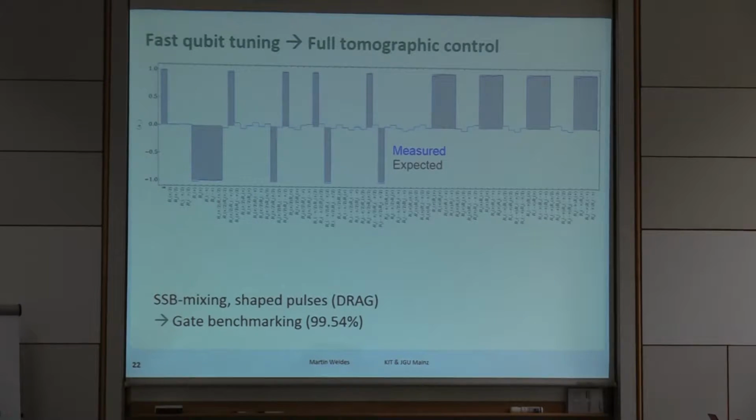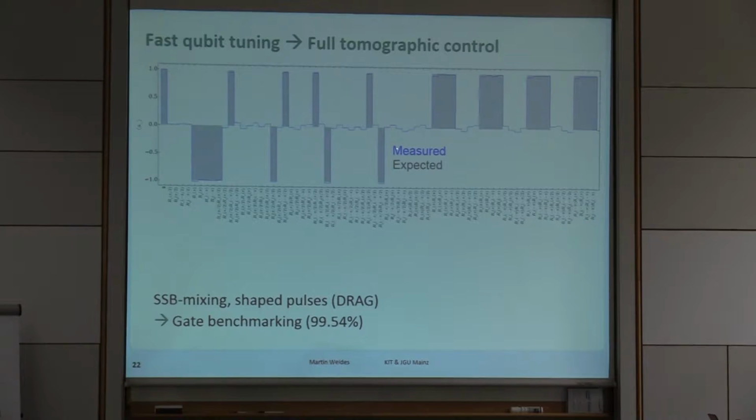What we then have is controlled precessions around all axes of the Bloch sphere, around the x, y, and z axis. And this can be quantified by benchmarking. It's a complicated system, but what you see here are just combinations of various types of pulses. So a pulse around the x-axis, followed by a pulse around the z or the y-axis, or back, with different lengths and signs.